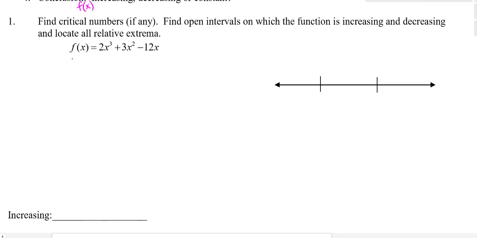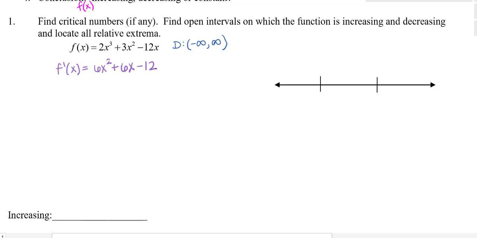So we have f of x equals 2x cubed plus 3x squared minus 12x as our original function. We should recognize that this has a non-restricted domain, meaning I can have any values for x from negative infinity to infinity. So let's go ahead and find the first derivative. That first derivative would be 6x squared plus 6x minus 12.